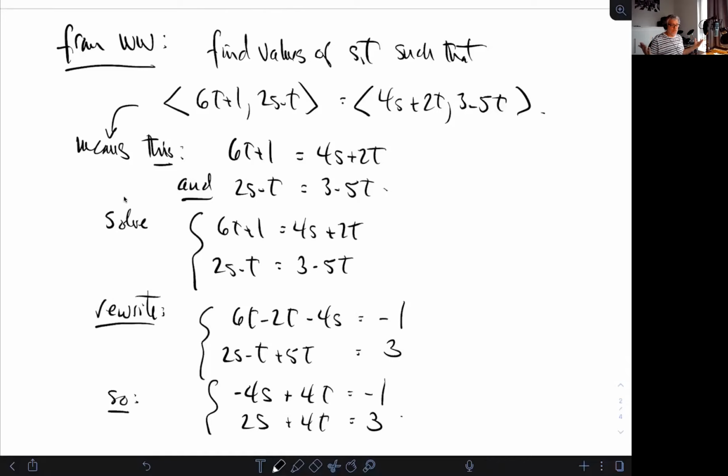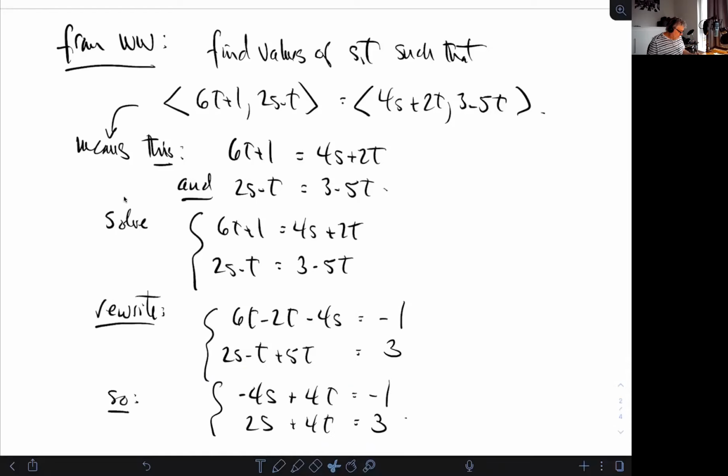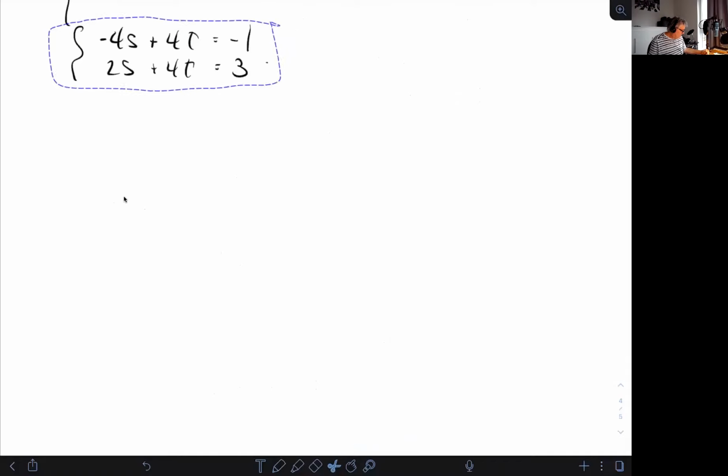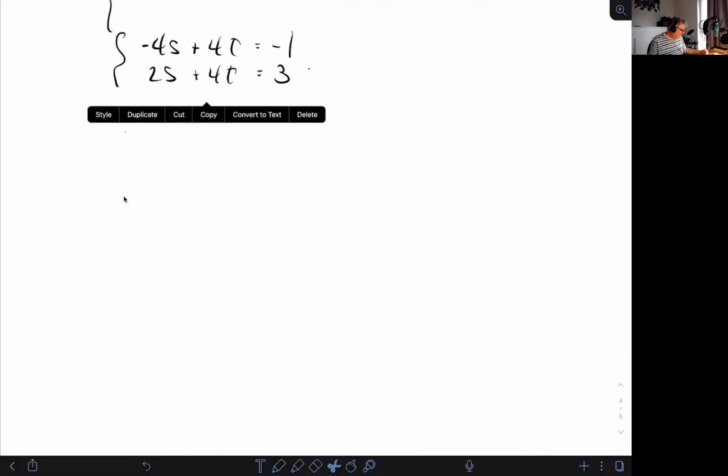There are many ways you can do this. You can do this with Gaussian elimination. Let's just copy this and go to the next page. To solve this, you can do it by Gaussian elimination.